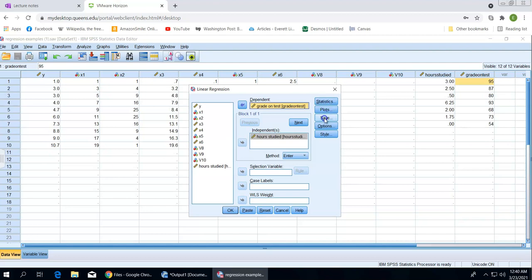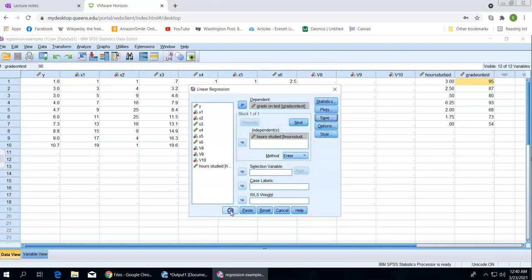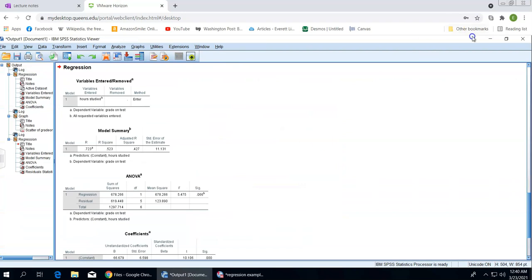And to save the residuals, we're going to click Save, and then Unstandardized Residuals. We can save some other things too, like the predicted values if we wanted to see those. But this is going to come in handy later. And let's watch what happens when we click OK.